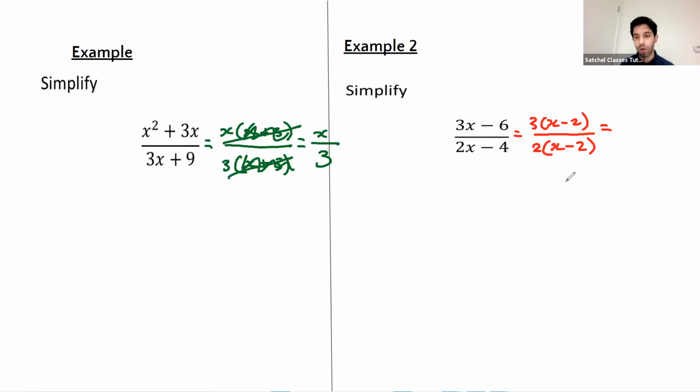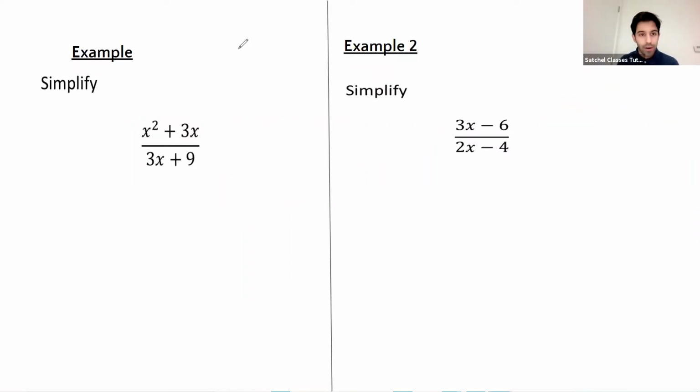Now we need to see what cancels out with what. So x minus 2 and x minus 2 cancel out. So we're left with 3 over 2, which is 1.5. So don't be tempted to simply cancel out the like terms, or the identical terms, I should say, in your fraction problems when you're adding or subtracting terms onto each expression.